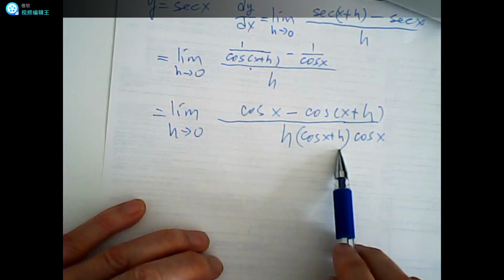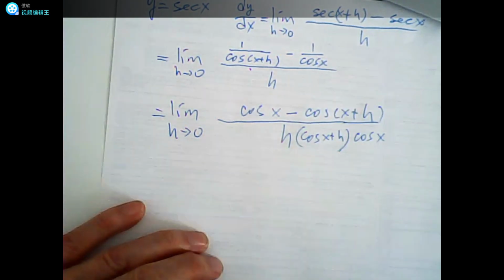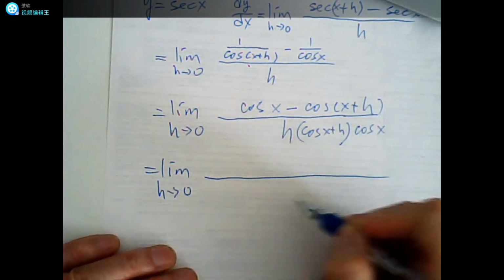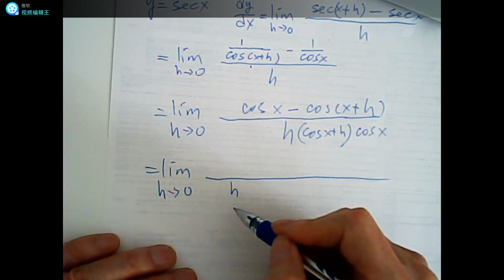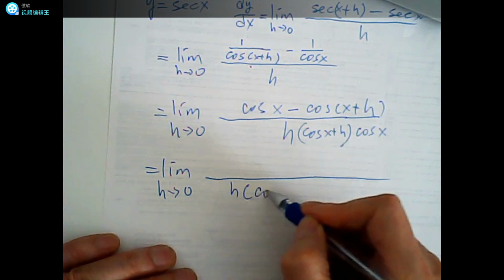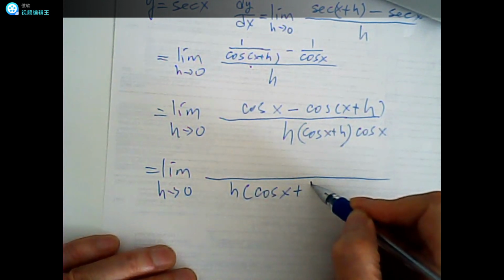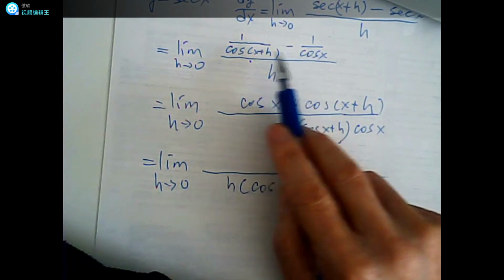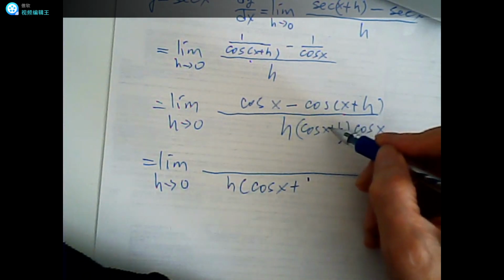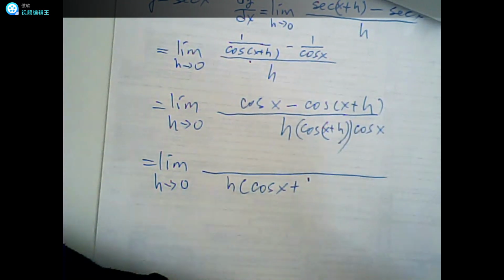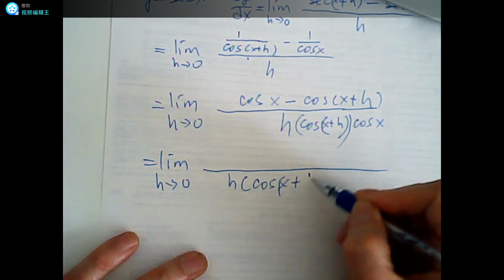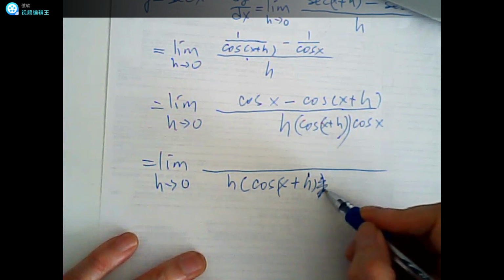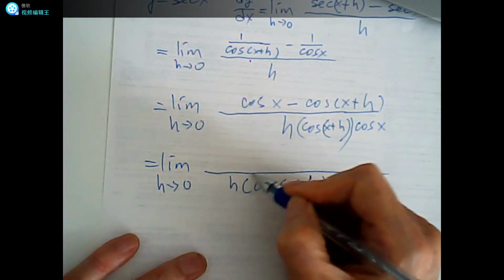Now this is equal to the limit as h goes to 0 of 1 over h, with the common denominator cosine of x plus h times cosine x. That's the way.